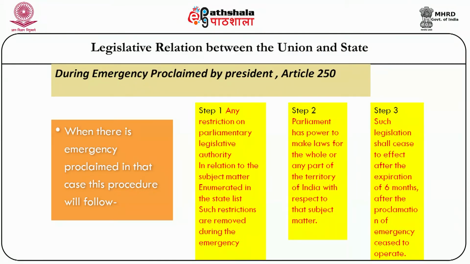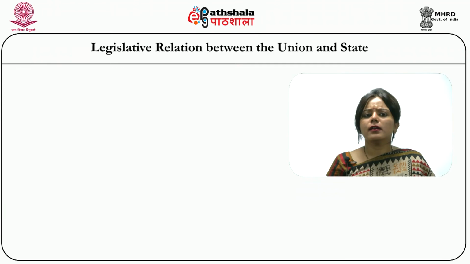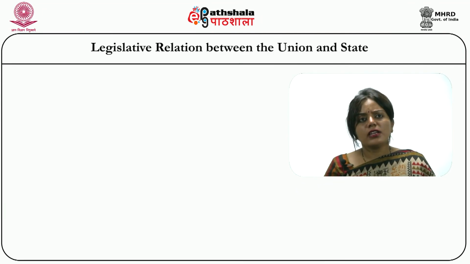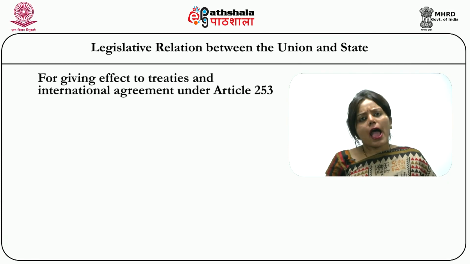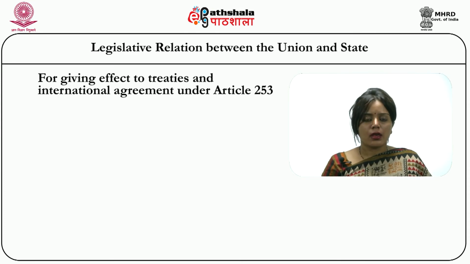In step 3, such legislation shall cease to have effect after the expiration of 6 months after the proclamation of emergency has ceased to operate. And the next is that Parliament can make laws for giving effect to treaties and international agreements under Article 253.